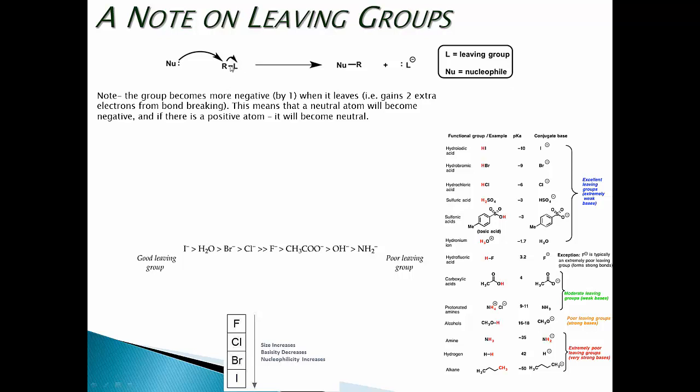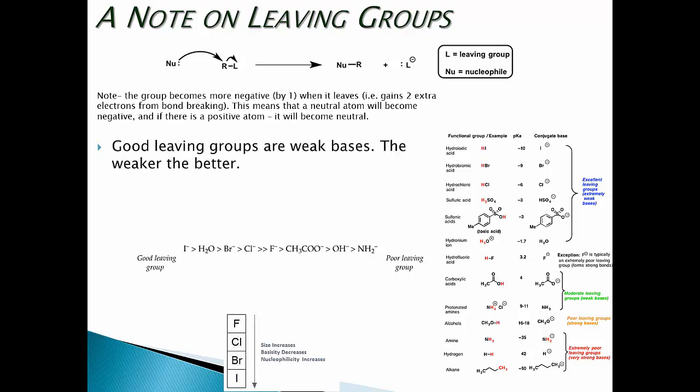If this is a positively charged species, for example the oxonium ion, a water with a positive charge, then when it leaves, it picks up an extra 2 electrons and becomes neutral water. Whenever you have something leaving, it picks up 1 negative charge. So if you're positive, it becomes neutral. If you're neutral, it becomes negative.